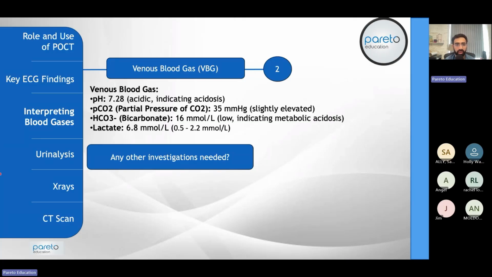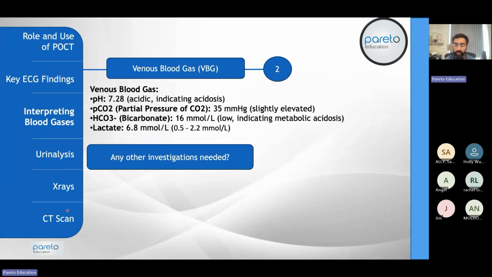So pH of 7.28, and bicarb of 16, which is low. So she's got an acidotic pH and a low bicarb, but she's got a raised CO2. So we'll just go with the description, raised CO2. So she's trying to compensate. But lactate is 6.8.